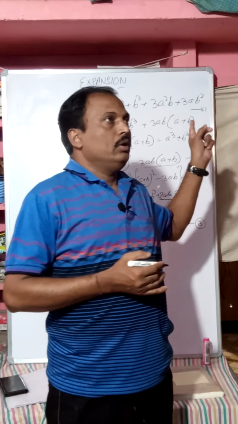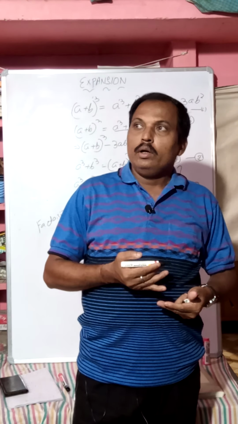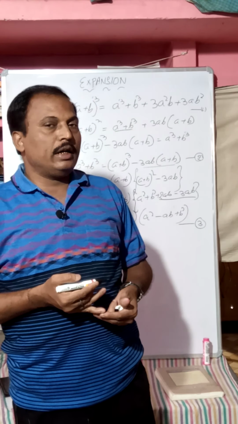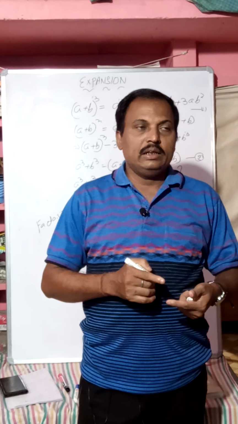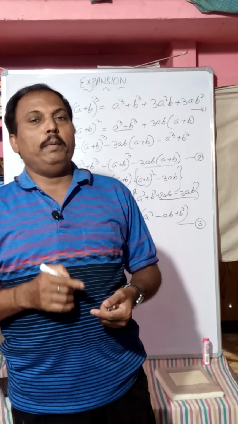So we discussed (a plus b) whole cube. What is the formula for (a plus b) whole cube? (a plus b) whole cube is equal to a cube plus 3a square b plus 3ab square plus b cube. Otherwise, a cube plus b cube plus 3ab whole into (a plus b).